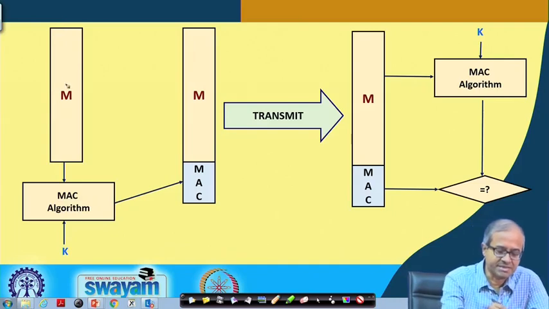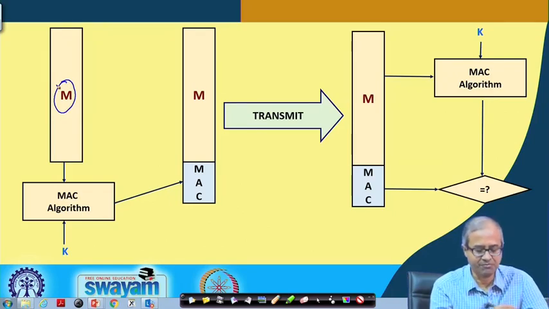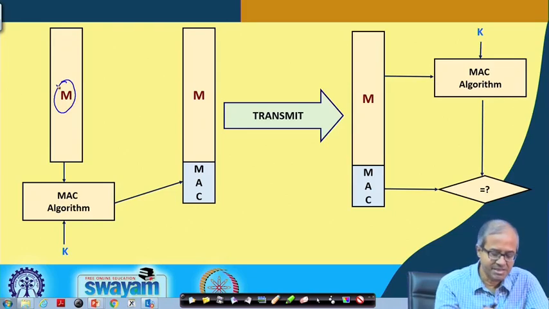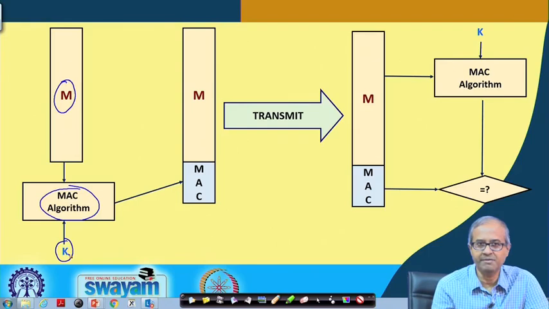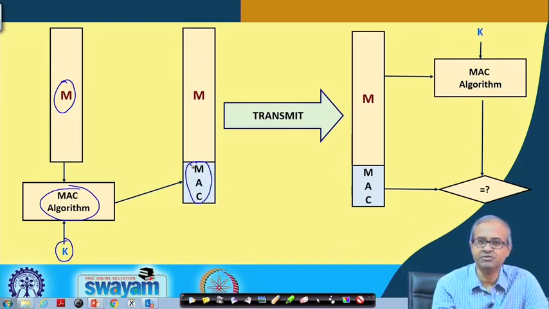The idea is like this. Suppose the sender wants to transmit a message M. Before transmitting the message, it runs a message authentication code algorithm, which can also take a secret key as an optional parameter. It takes this M and this K, and generates a small message authentication code, MAC. Before transmitting, this MAC is appended to the message and transmitted over the channel.